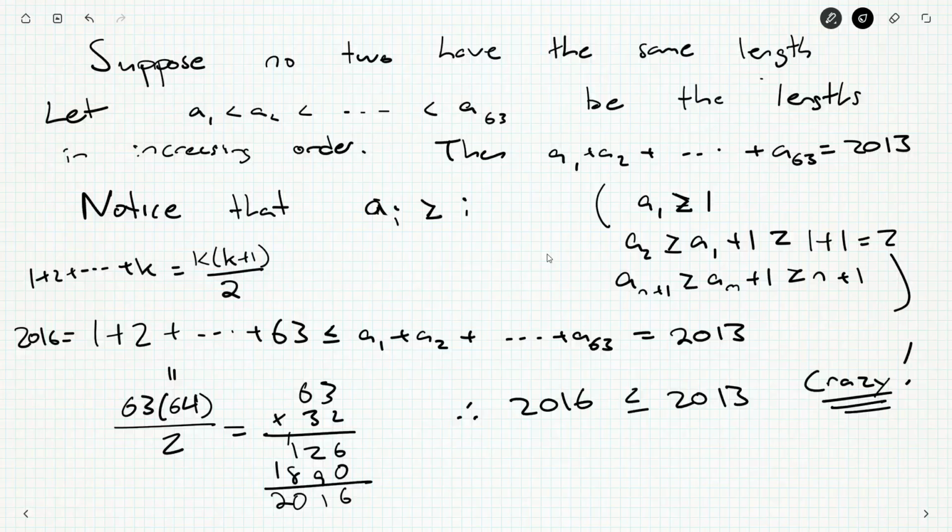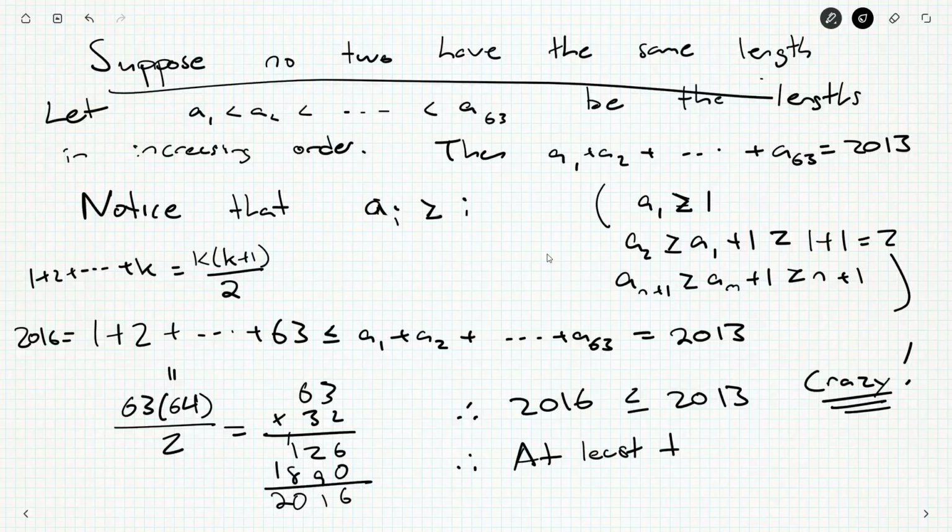This is an impossibility, so we might have assumed something wrong to start off with. And indeed we did. Suppose that no two have the same length, so therefore at least two must share a length. Because if they didn't, just that assumption alone gave us something that was utter nonsense. Okay, that's how a proof by contradiction works.